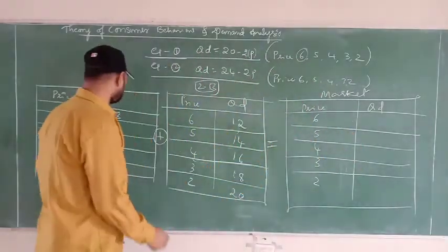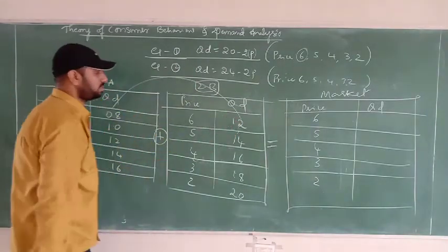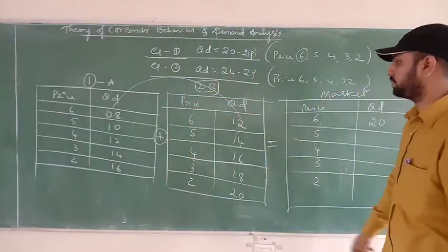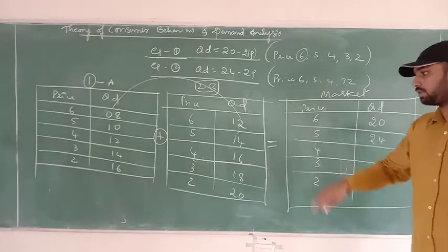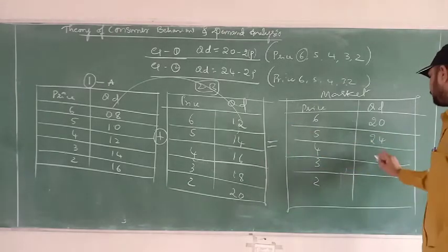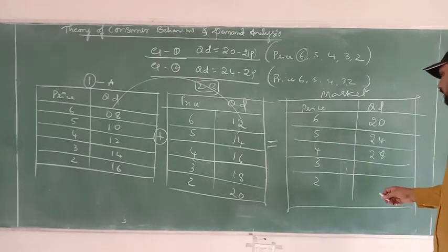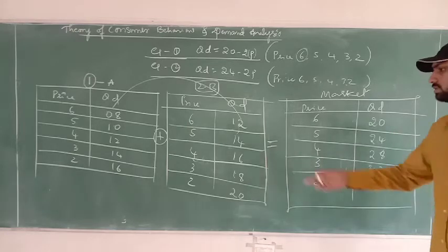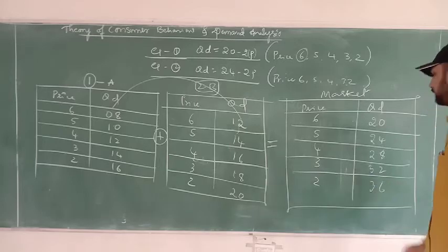You add up these two quantities demanded. 12 plus 8 becomes 20, then 10 plus 14 becomes 24, then 12 plus 16 becomes 28, then 14 plus 18 becomes 32, then 16 plus 20 becomes 36.